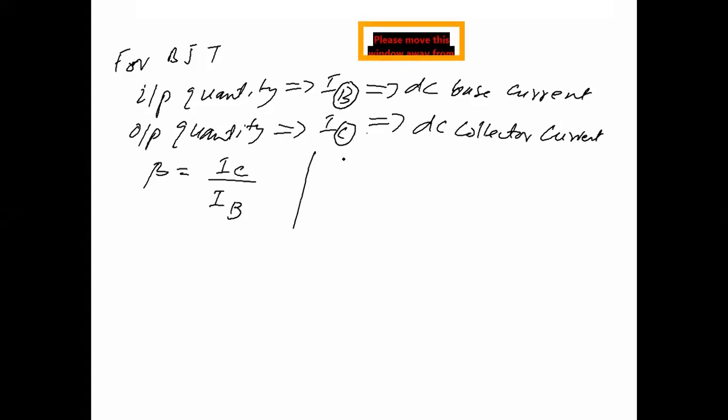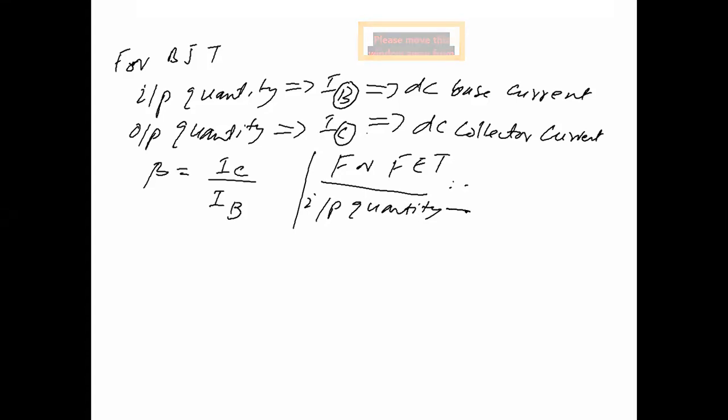For FET or JFET, because we will consider JFET first, but in general for FET, the input quantity is the voltage, which is VGS, and the output quantity is the current, which is the drain current.